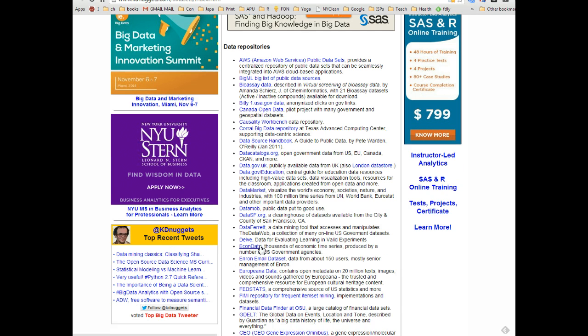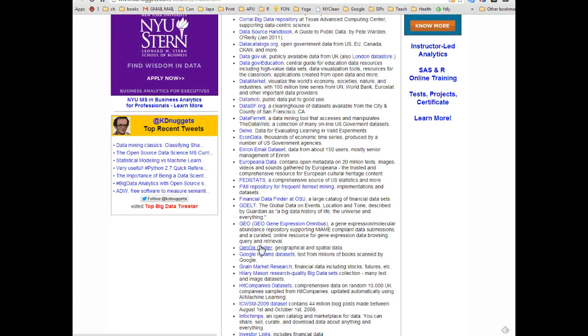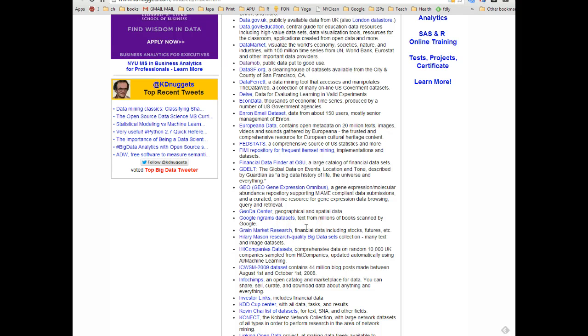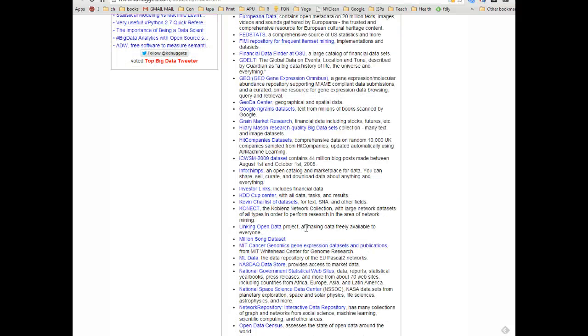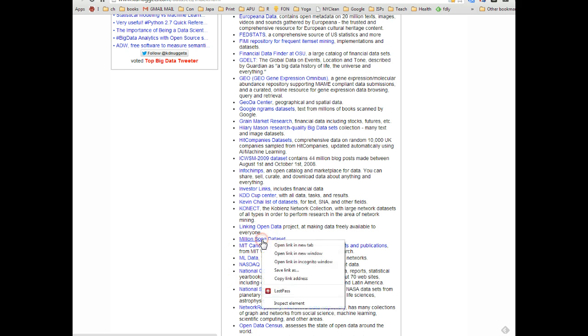And how about companies, investor data, financial data. We have lots of data here. Cancer data, million song data set. What's that?